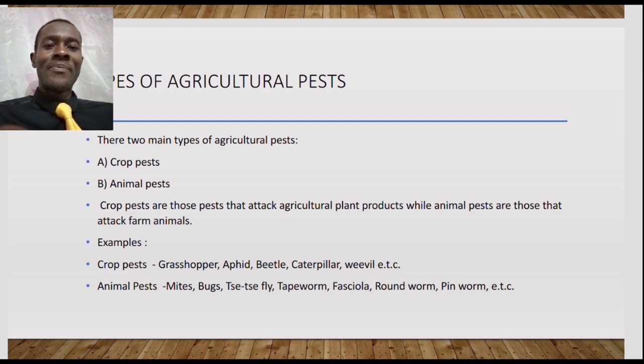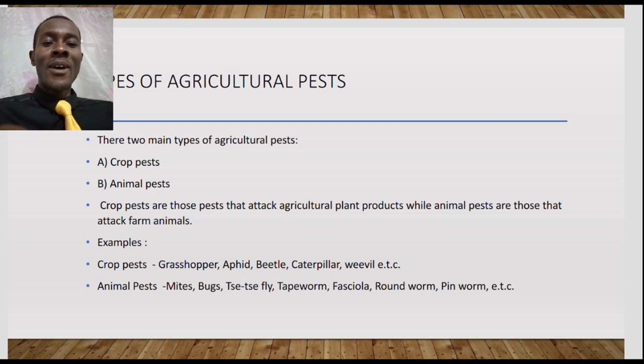By our definition, crop pests are those pests that attack agricultural plant products, while animal pests are those that attack farm animals. There are different types. We are going to discuss them in detail as we go forward.